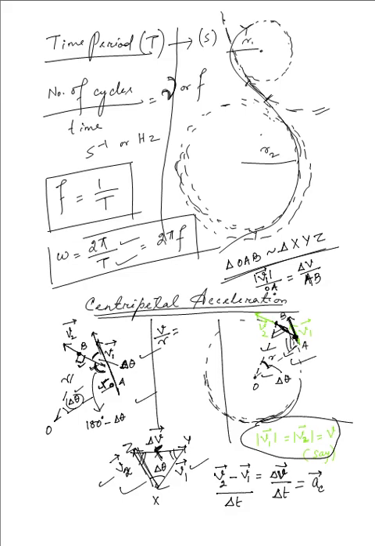What is del V? Del V is the change in velocity. And what is AB? AB is the distance that it covers in time del t. Distance is equal to speed multiplied by time.